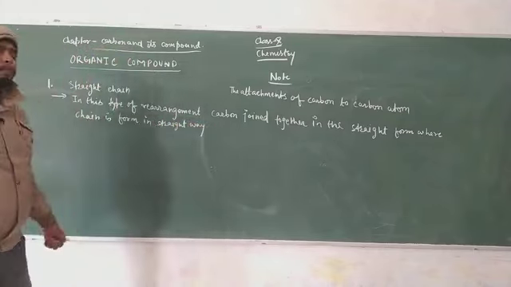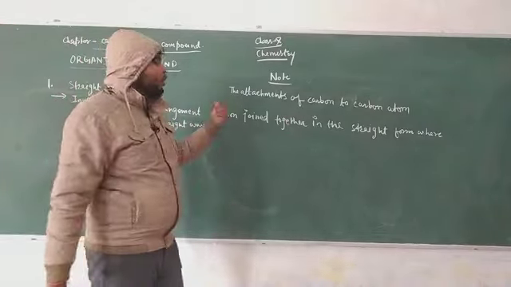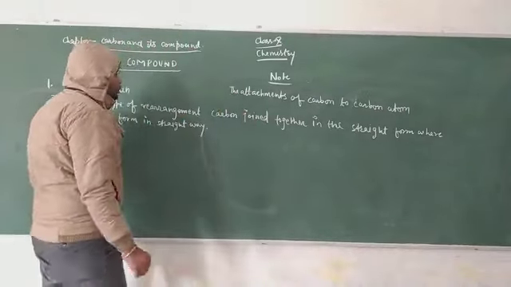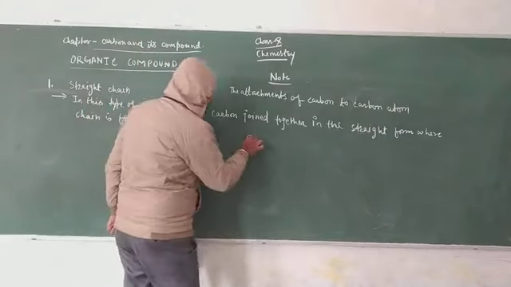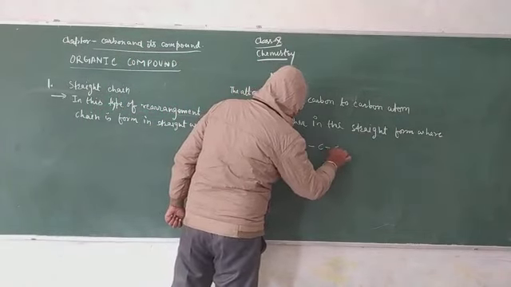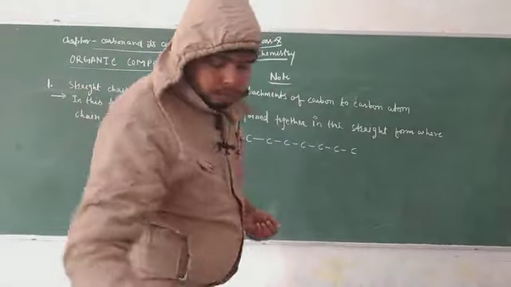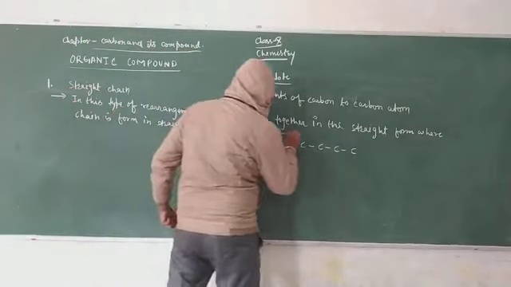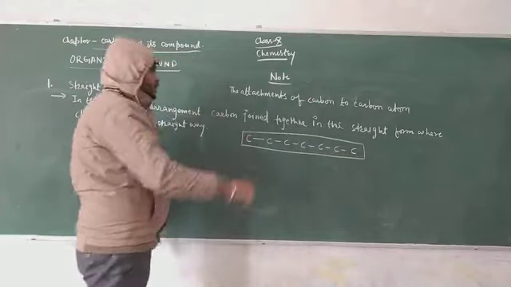Take an example of this, guys, because without examples science is nothing. You have to learn the reaction and you have to show the example. When carbon joins together in a straight chain, just like that, this is the straight chain of carbon. This is the first arrangement of carbon, the straight chain.